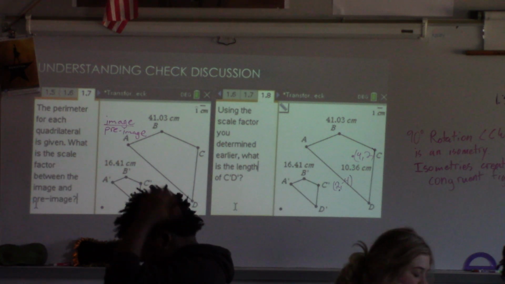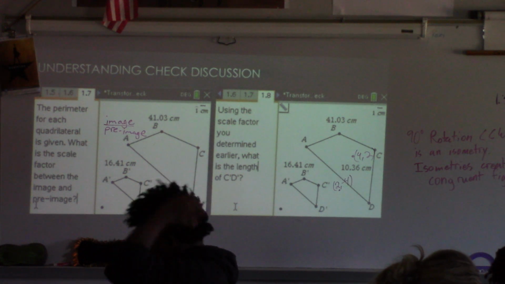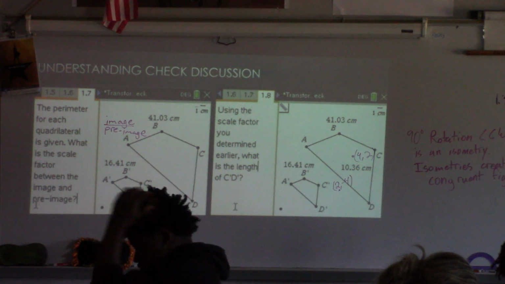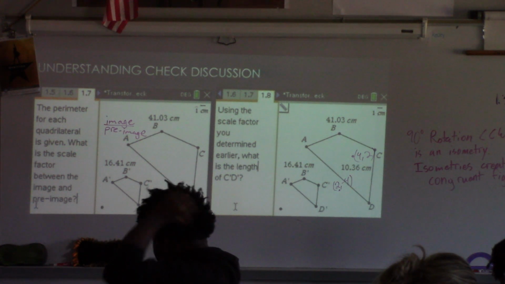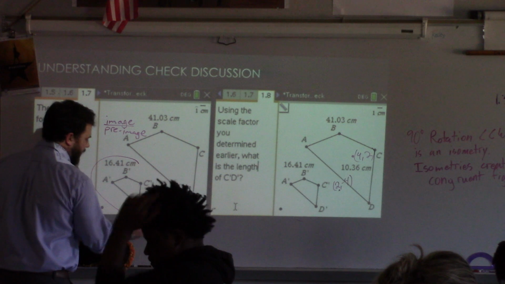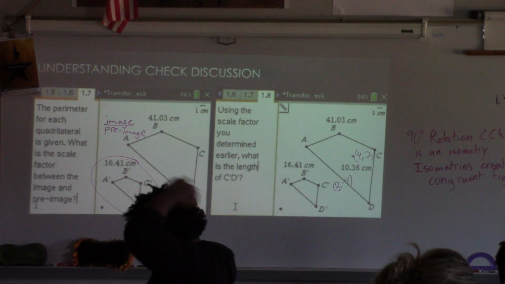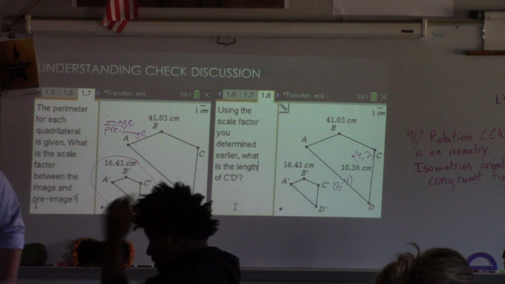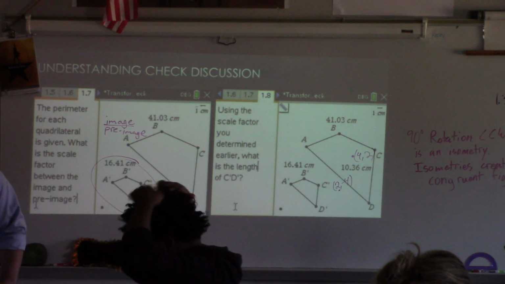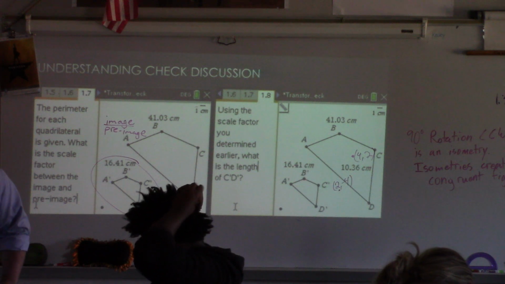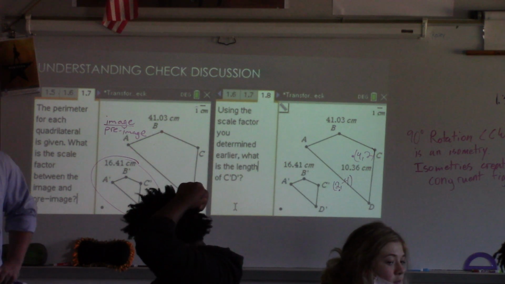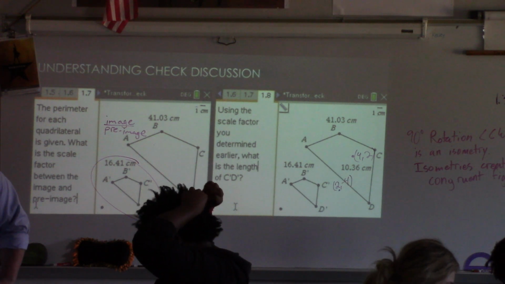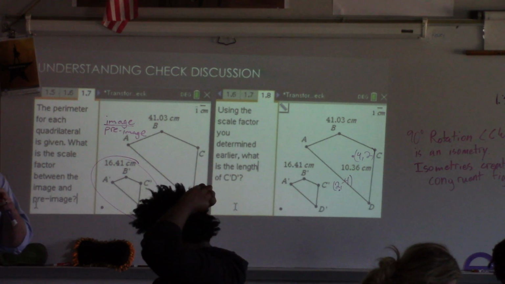What's the length of the image? Specifically, I guess perimeter here, right? It's 16.41. That is my image. Why is the 16.41 very clearly my image? Because it is right there, A prime, B prime. Please remember, does a dilation always make a pre-image bigger? No. Remember, when it makes it bigger, we call it a stretch.